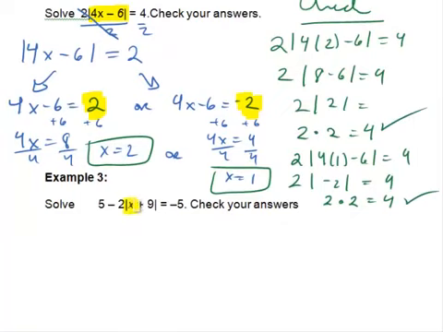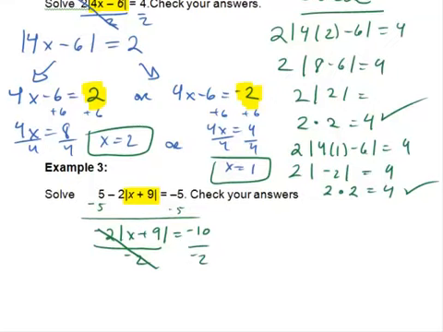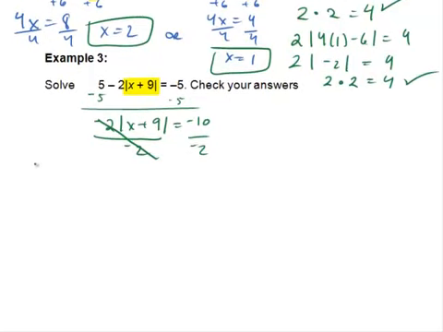Here's another example where we're going to have to isolate the absolute value before we can solve. So we need to move the 5 out of the way. So subtract 5 from both sides, meaning we have negative 2 times the absolute value of x plus 9 equals negative 10. Divide both sides by negative 2, which cancels only the outside there, which means that we have absolute value of x plus 9 equals positive 5.